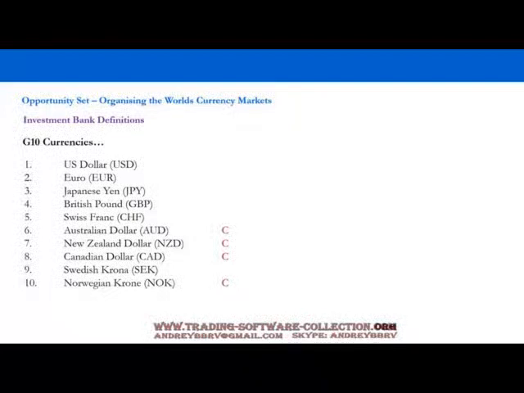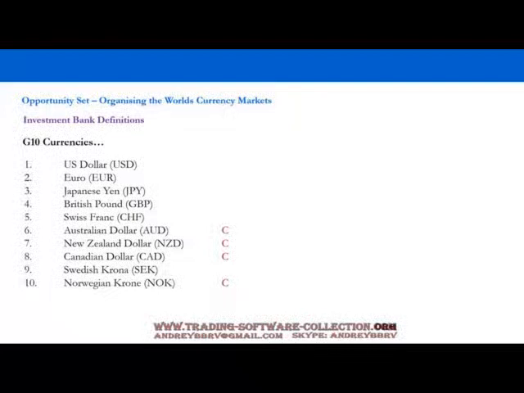And the way currencies are defined at investment banks and retail brokers is very much counterintuitive to a professional trader objective, which is to make money using our own money.